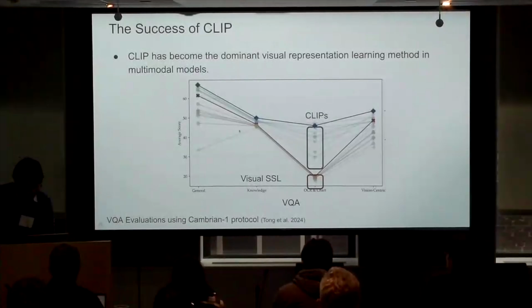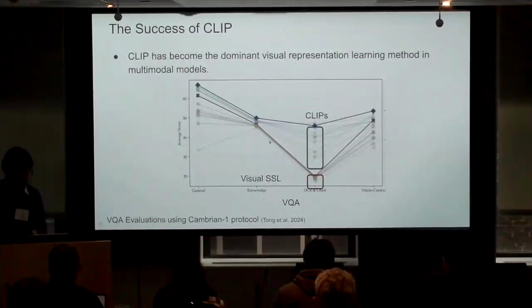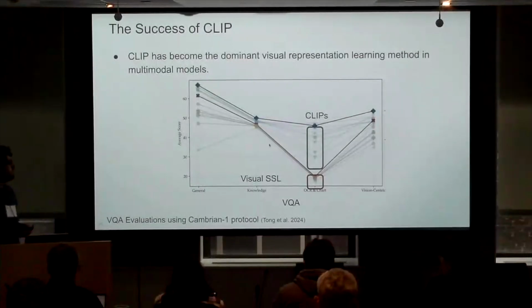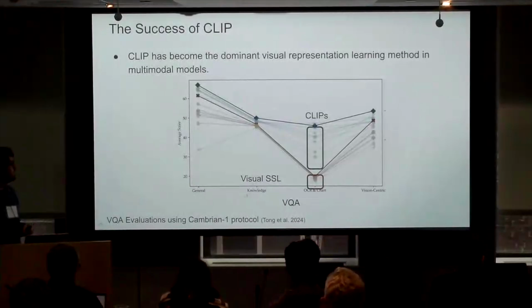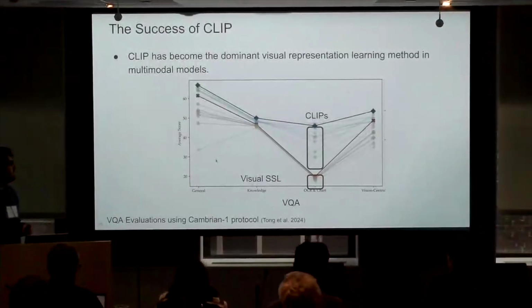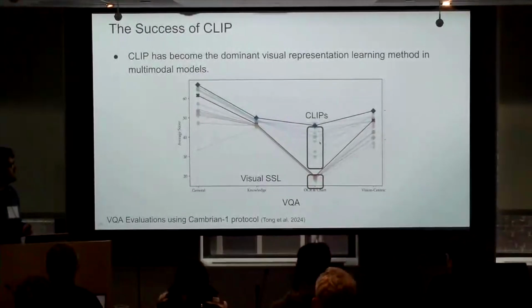And here you have a set of red and green curves, which are methods trained with SSL. It's mostly DINO-based methods. You can see that if you apply DINO on this set of VQA tasks, you're not as competitive as CLIP, and this is especially true for OCR and chart.